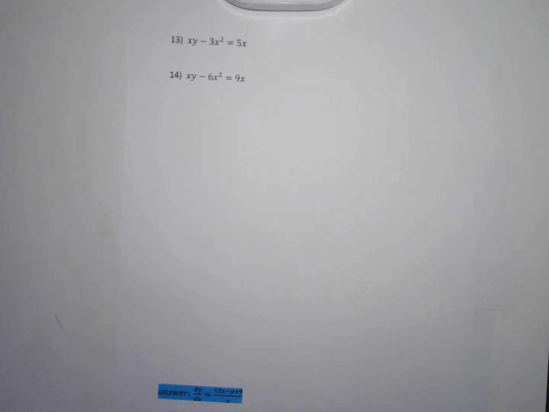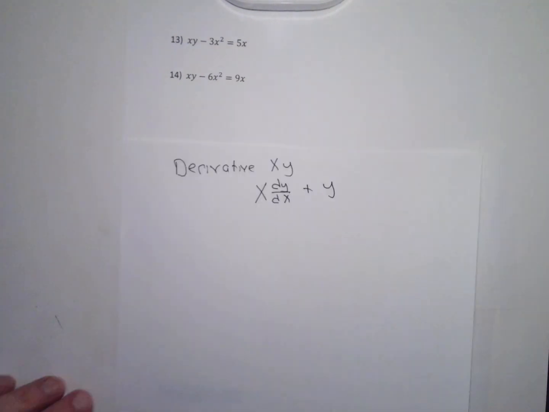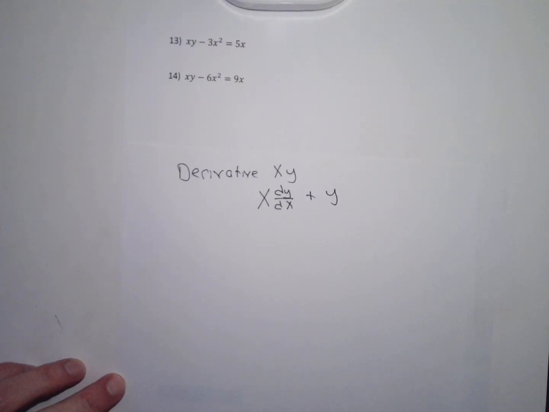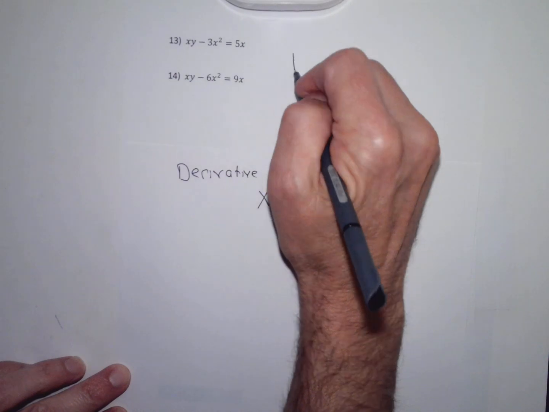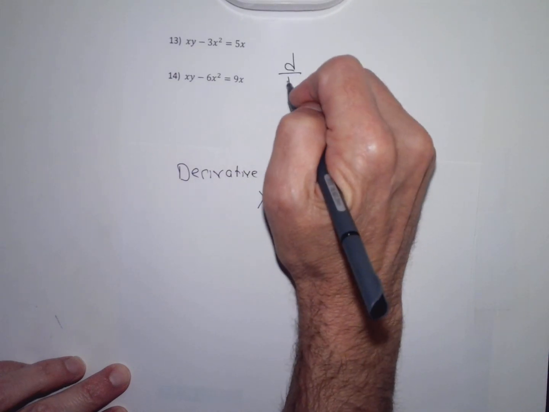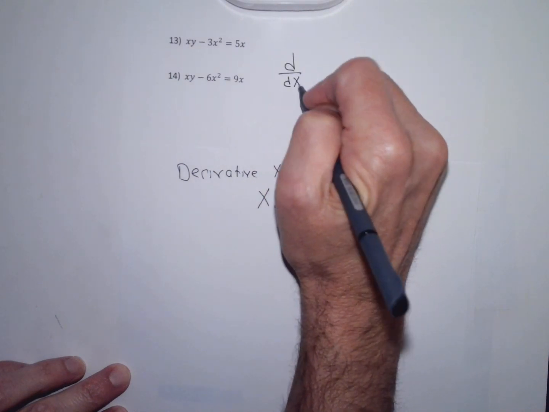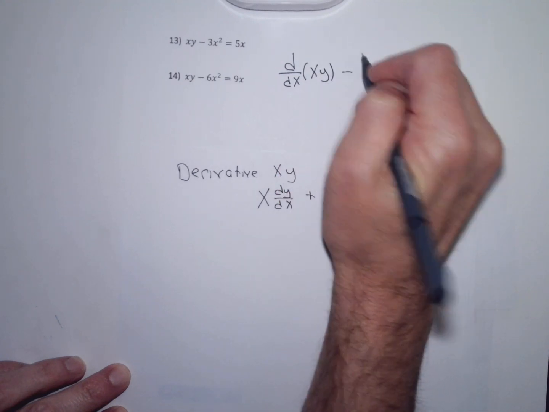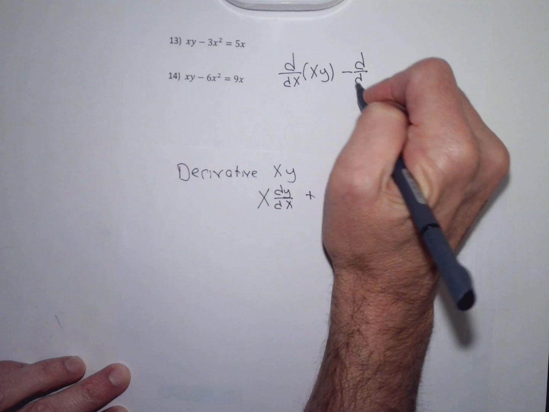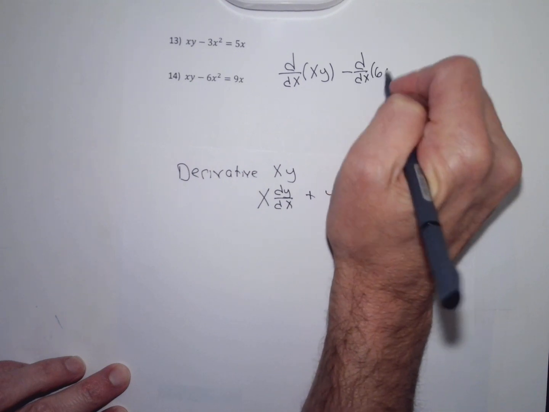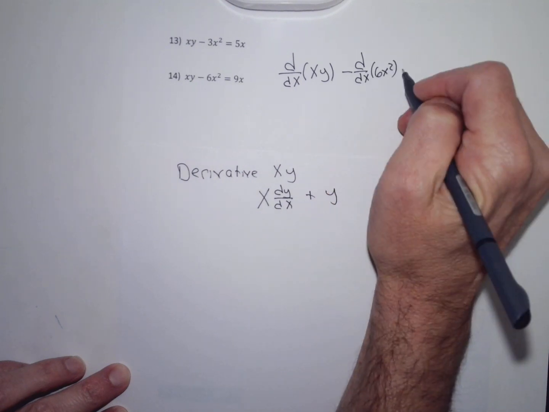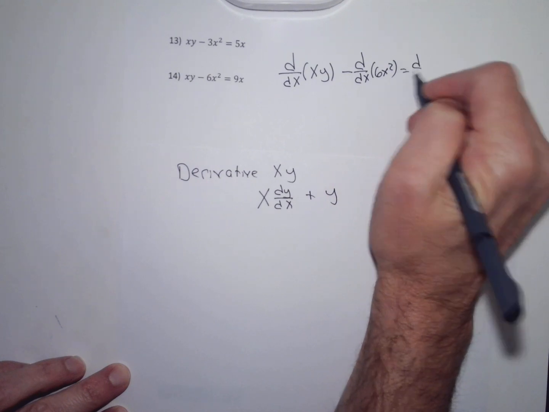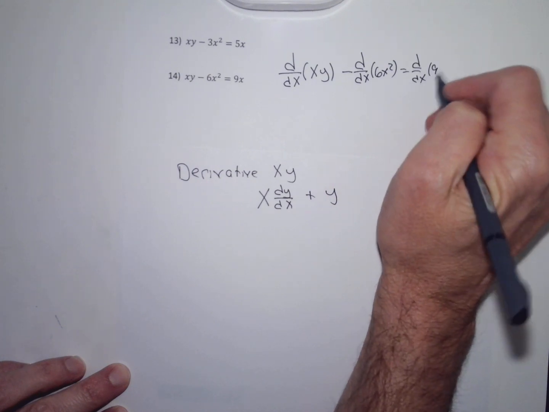Now for 14, I need to do the derivative of the xy term, the derivative of the 6x squared term, and the derivative of the 9x term.